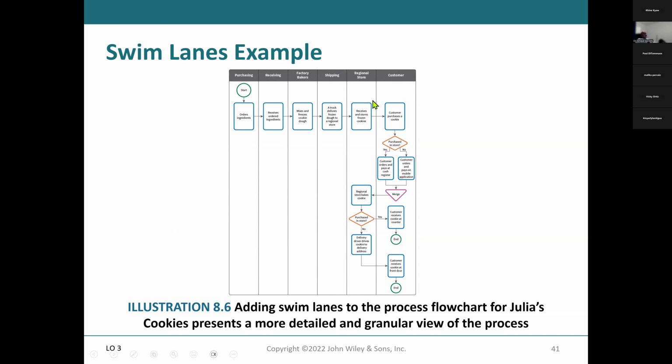And then from this department, it may go back this way. So this is just like a regular flowchart with the addition of responsibilities indicated by department, individual, whoever is actually responsible for doing that particular function. Makes it a little bit easier to understand what's going on. That's all.